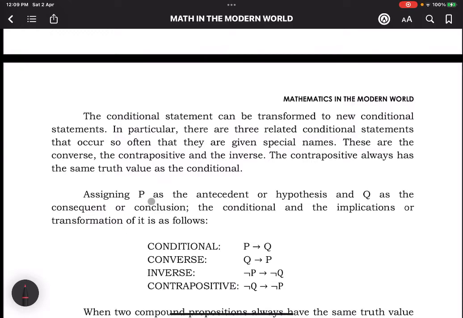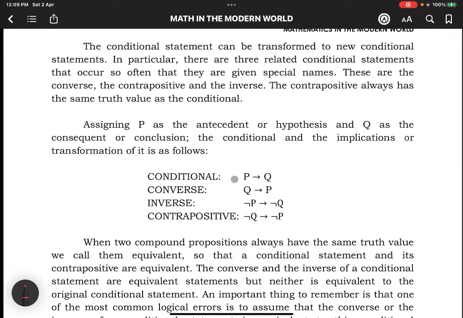Assigning P as the antecedent or hypothesis and Q as the consequent or conclusion, the conditional and its transformations or implications are as follows.